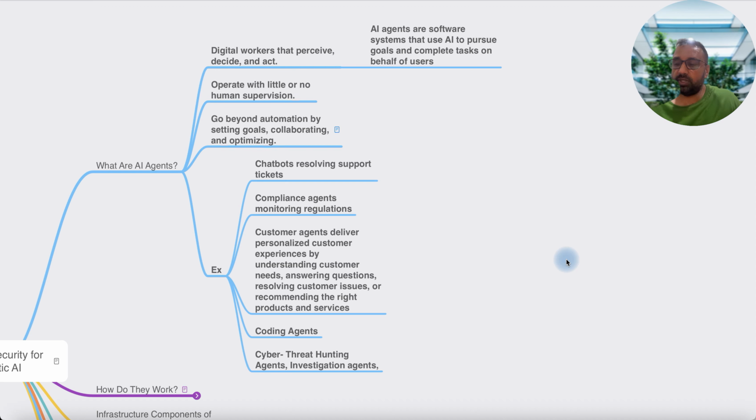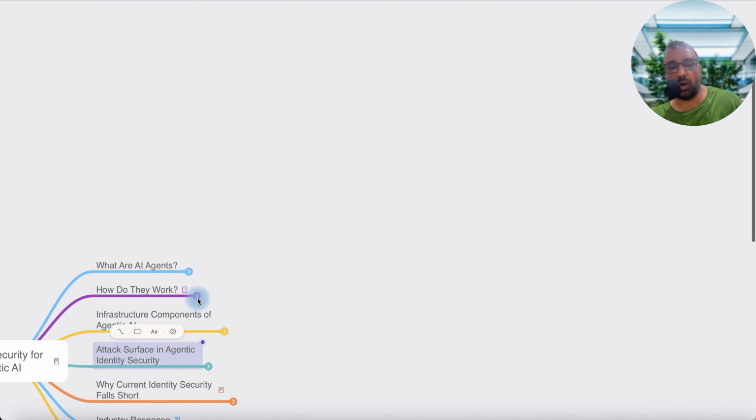I've seen a lot of adoption of these systems by enterprises, especially on the customer support side to begin with. They're creating agents to handle specific tasks based on the needs of the business.